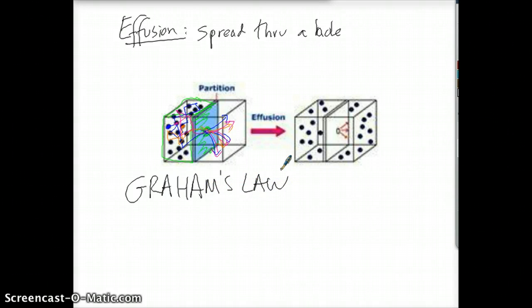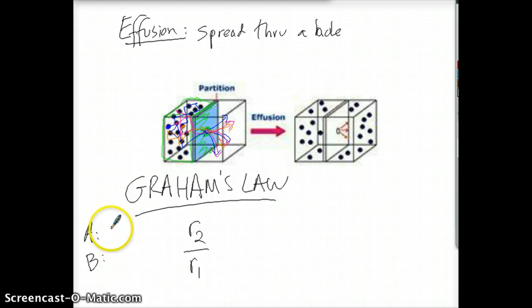of effusion. Graham's law of effusion. What it allows us to predict is the rates or the speed at which molecules will effuse depending on one of their personal properties. And what is that? Well, if we want to look at the ratio of two gases, let's say we have gas A and gas B. We'll just call gas A 1 and gas B 2.